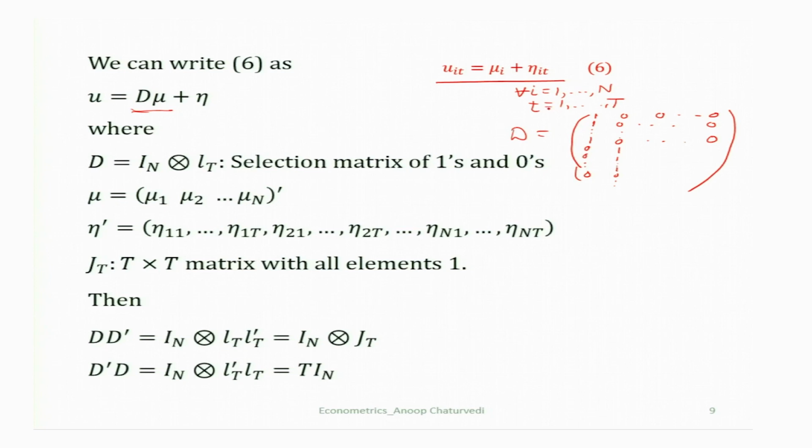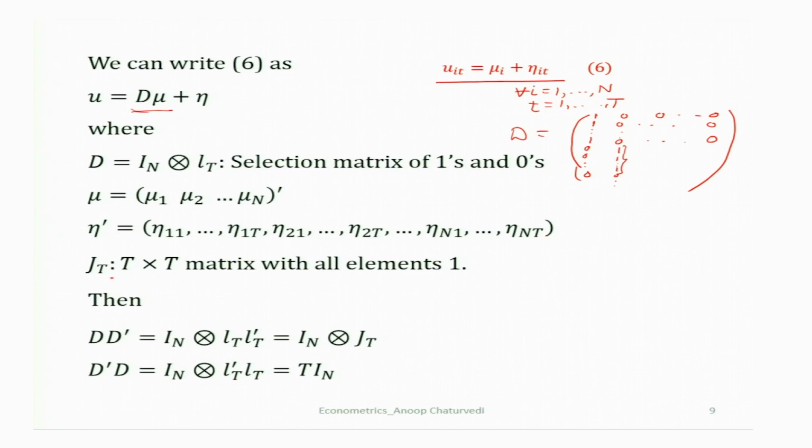Then for the next T elements, for i equal to 2, it selects mu_2, and so on. So, this is a selection matrix. Eta transpose is equal to (eta_11, eta_12, so on eta_1T, eta_21, eta_22, eta_2T, so on eta_N1, eta_N2, so on eta_NT).